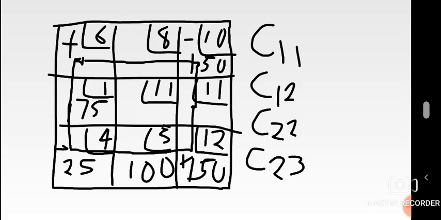So what next? Once you have assigned your signs, this is another rule. I hope you've been taking note of these rules. After you have assigned those signs, what you're going to do is start picking the cost values that are on the turning points.